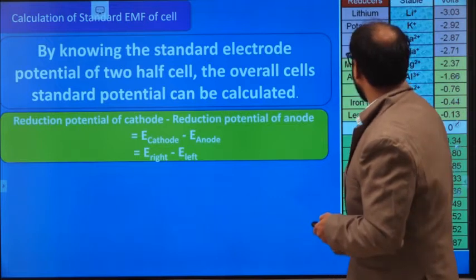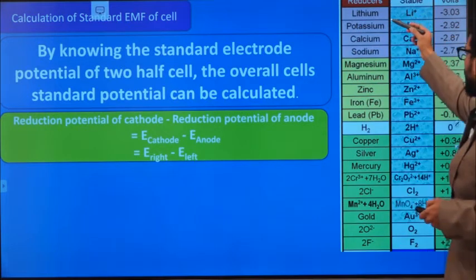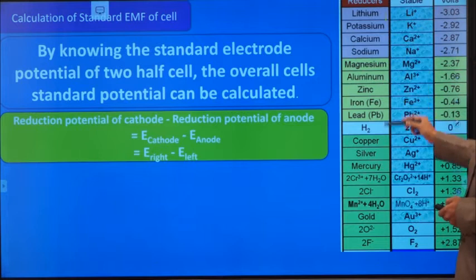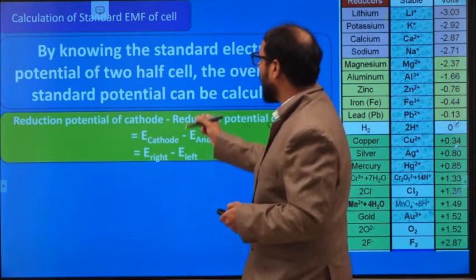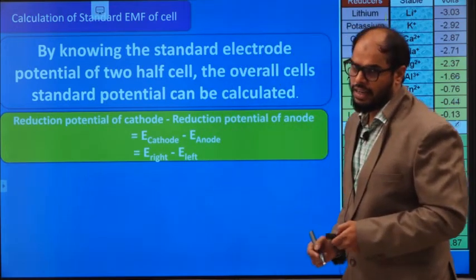Since we know that in the electrochemical series we have all the elements in the increasing order of their standard reduction potential values, let us try to understand how to know the EMF of any galvanic cell.